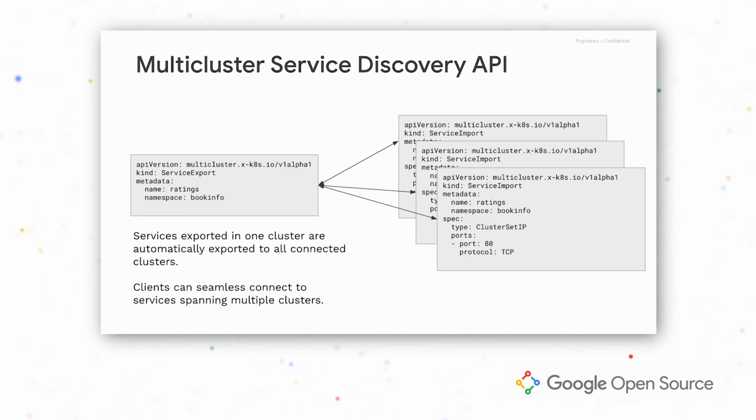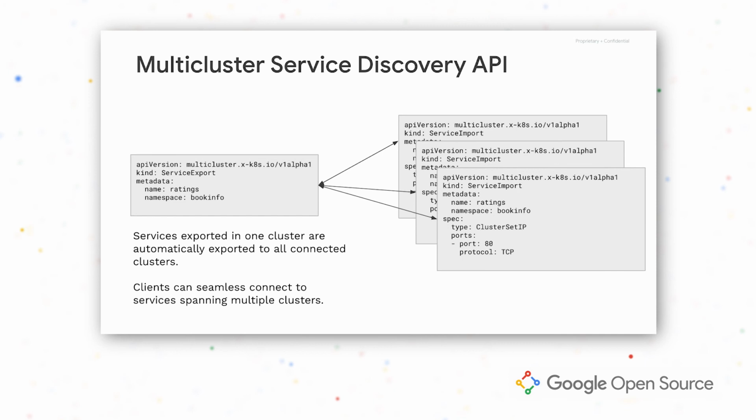Just a brief overview of the API. It revolves around two core components. One is the service export, which essentially just says this service is accessible to all other clusters in the cluster set. Cluster set is the name they've given for a group of clusters that are all joined together. So in this example, we have the ratings service export, and that means that the ratings service should be exported to all clusters.